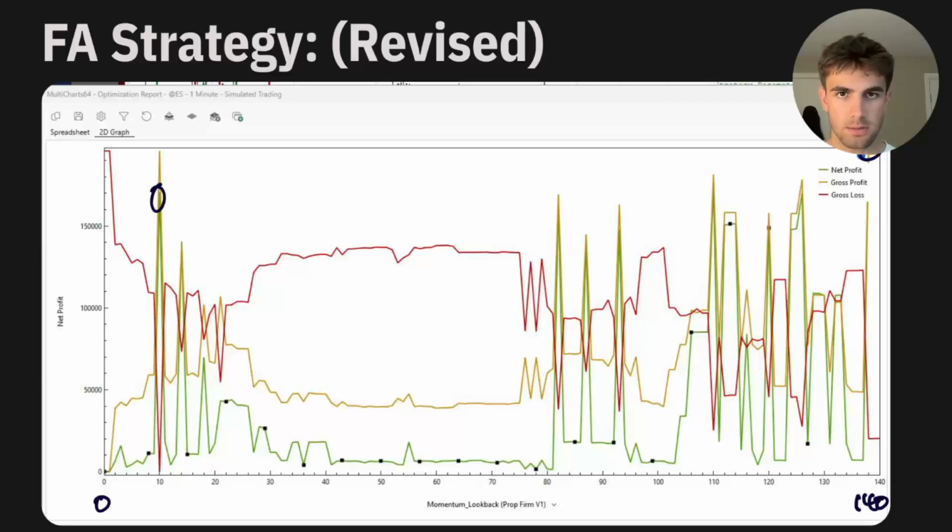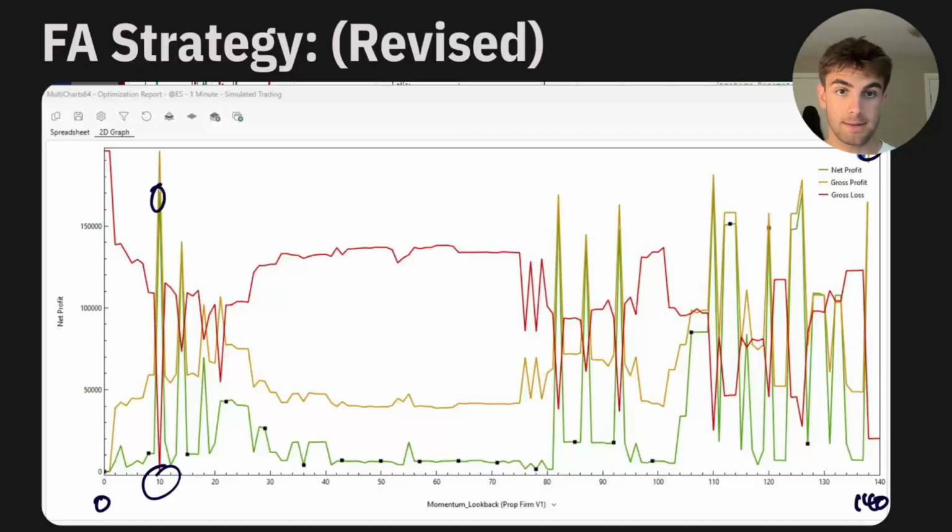It's over this time period. If you choose this exact input for that variable, you get a very high net profit. But that's chance. That's not robust. If you were to run it over a different time interval, you would likely get a very different result.